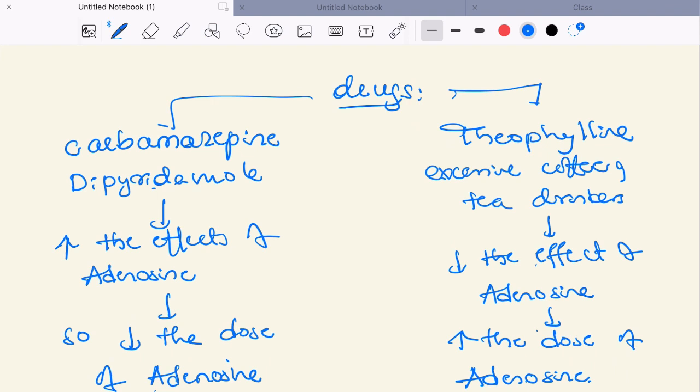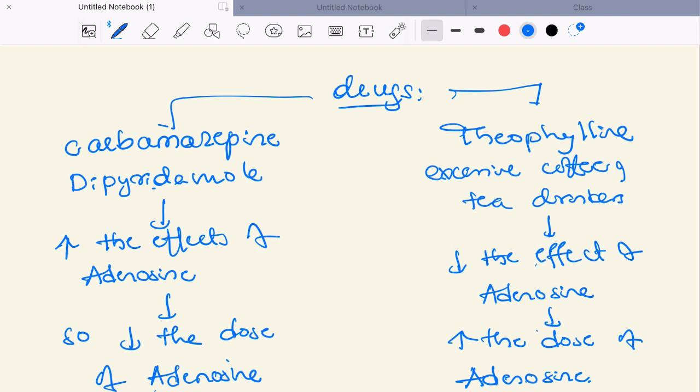In the other scenario, if the patient is on theophylline, or is an excessive coffee and tea drinker, you have to increase the dose of adenosine, because theophylline and excessive coffee and tea have antagonist effects against adenosine.